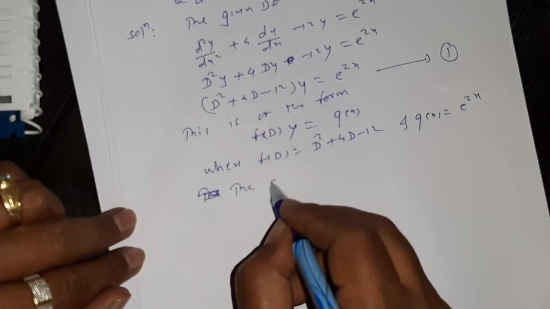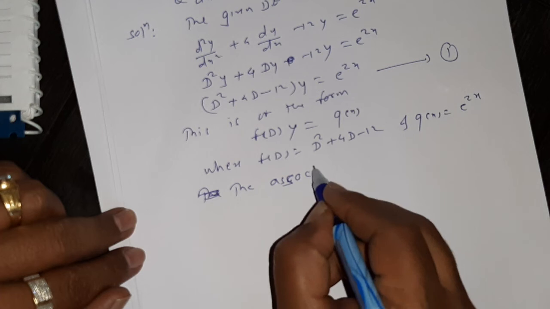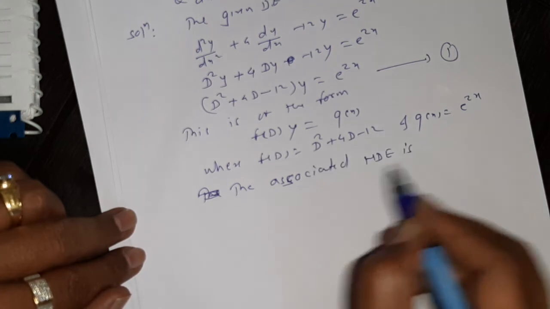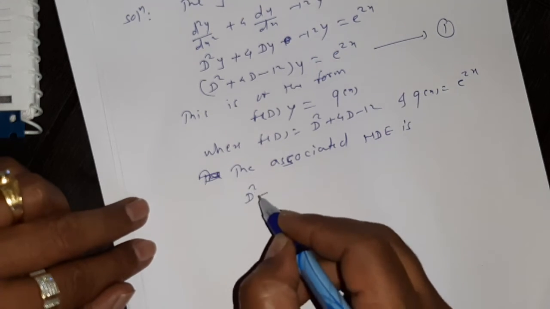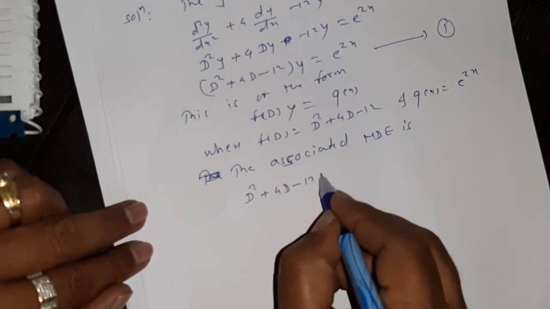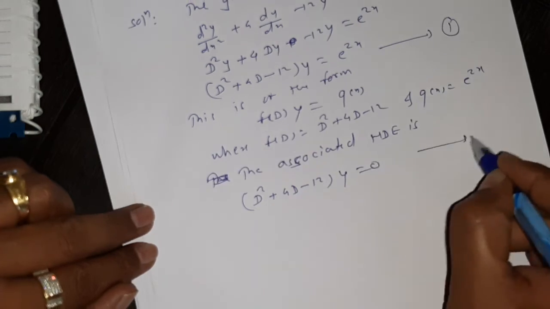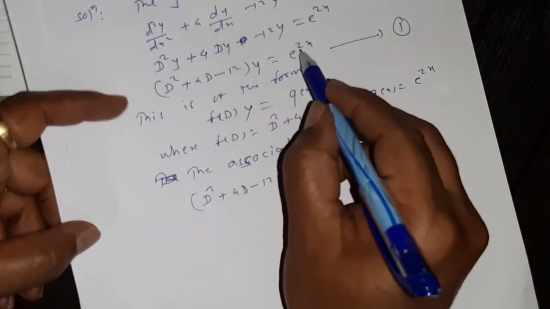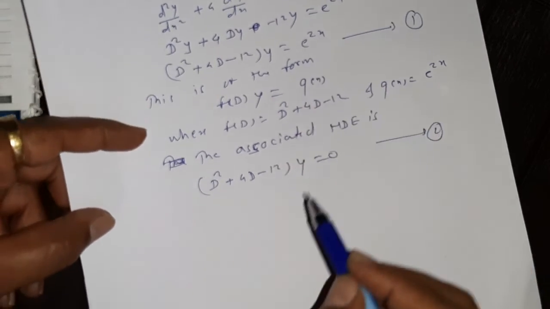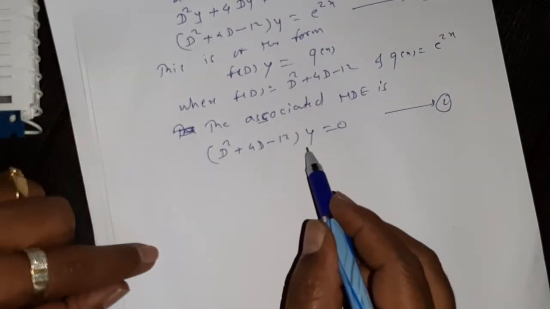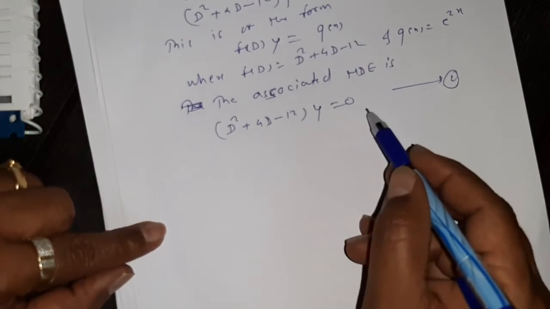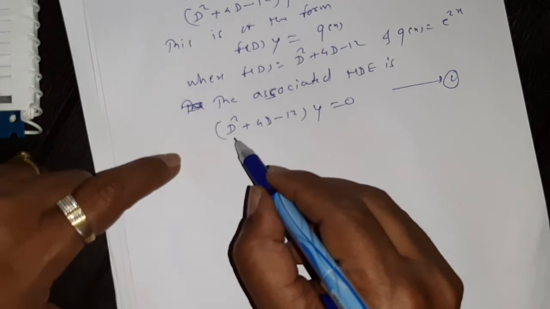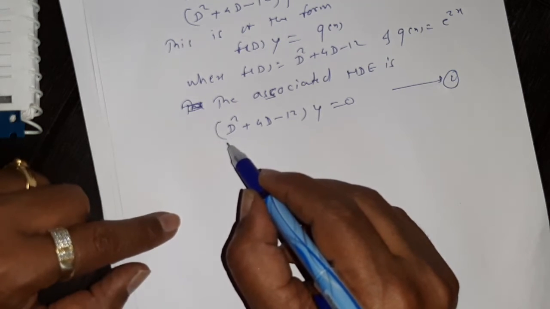For that, write the associated homogeneous differential equation: (D square plus 4D minus 12)y is equal to 0. Replace this Q(x), that is e raised to 2x, by 0. So this is the associated homogeneous differential equation, equation number 2.